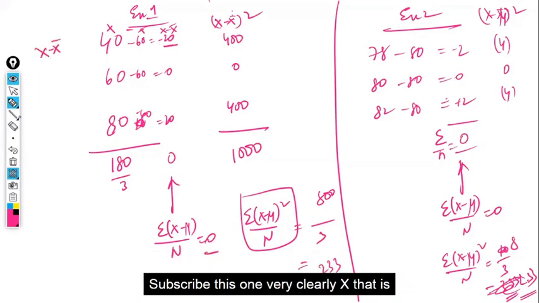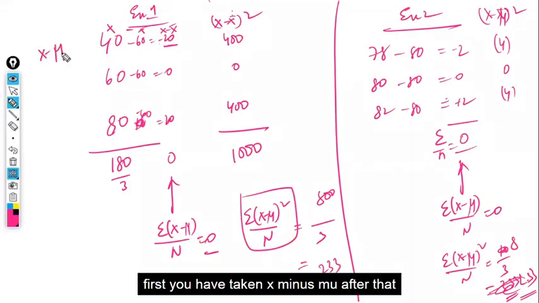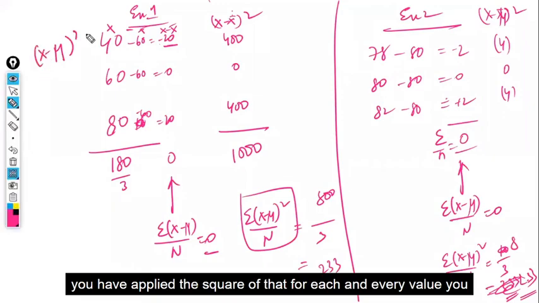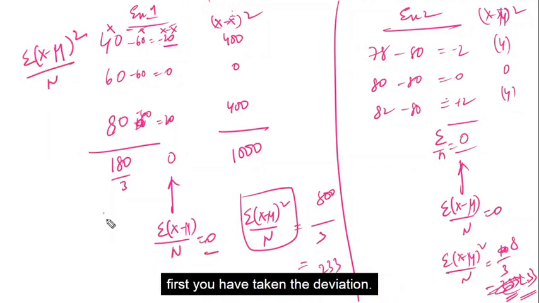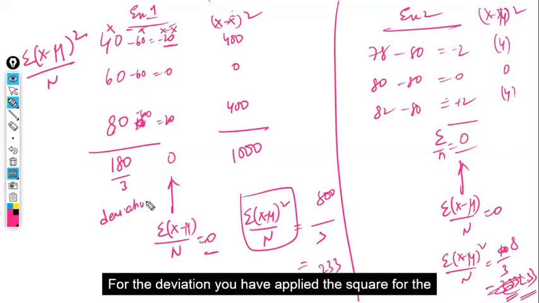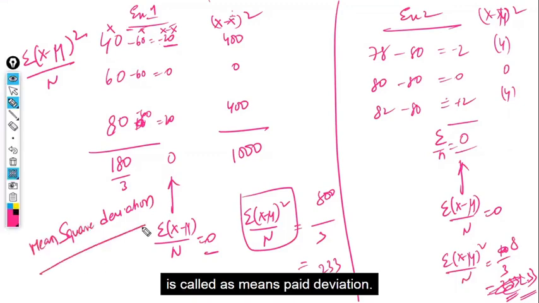Please observe this very clearly, that is x minus mu. First you have taken x minus mu. After that you have applied the square of that, for each and every value. Finally you have calculated the mean value. So first you take the deviation, then apply the square, and after squaring you take the mean. So this is called mean square deviation.